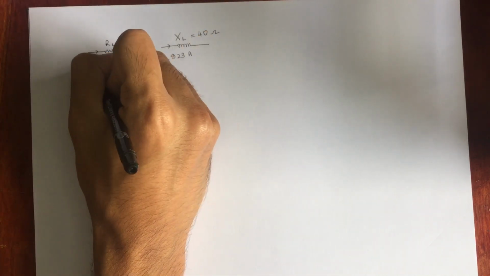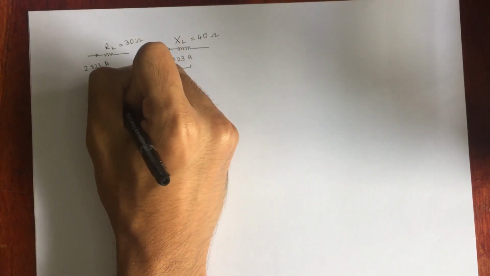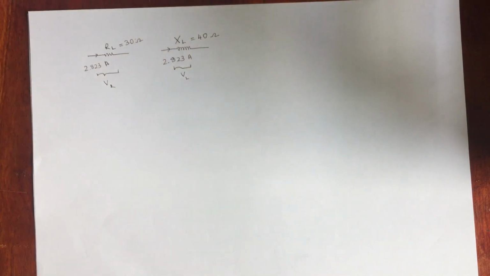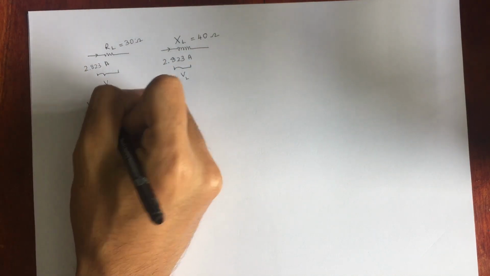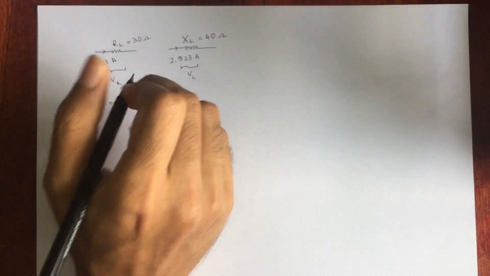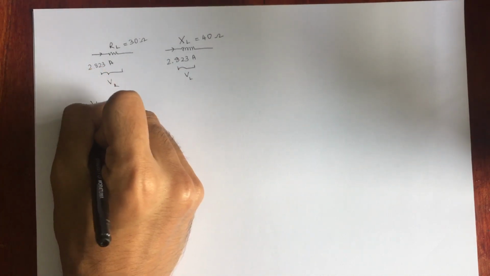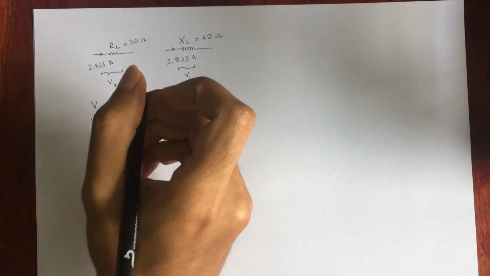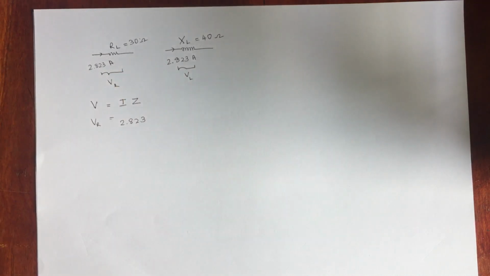So the question is, we need to find the voltage over here. How are we going to find the voltage? Let's say this is VR and this is VL. Actually we knew the equation V is equal to I into Z. That's the equation we are going to use over here. VR is going to be I, the current would be 2.823 amperes.